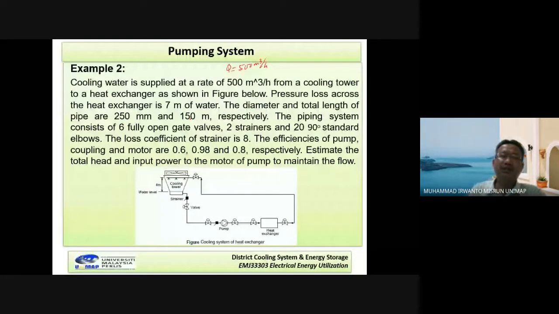This one is the inner diameter, and this one is the length of the pipe. The piping system consists of 6 fully open gate valves. So here we have a total of 6 valves.